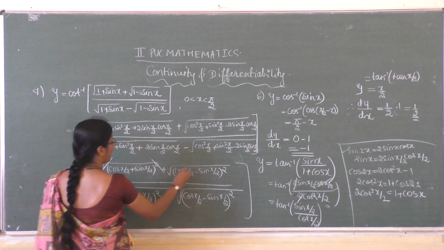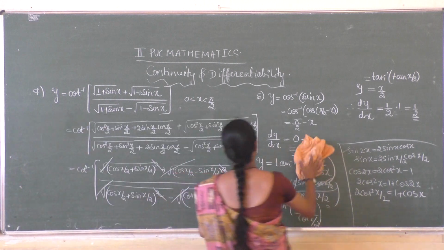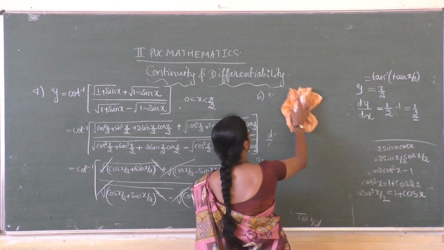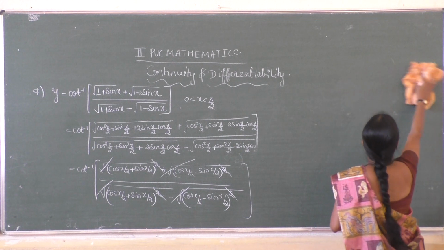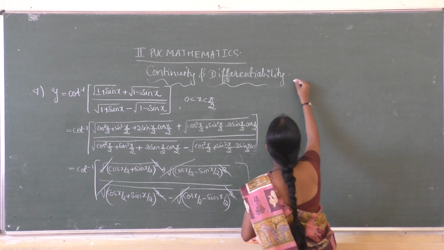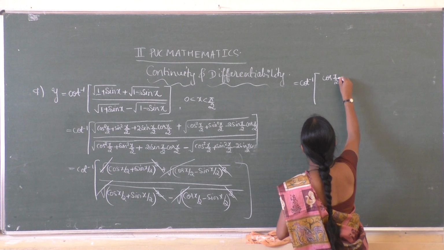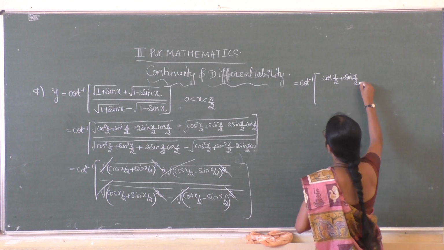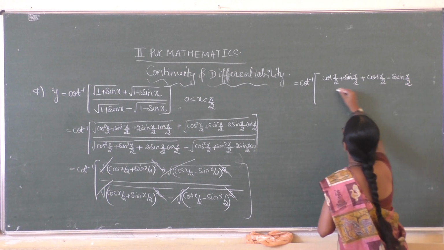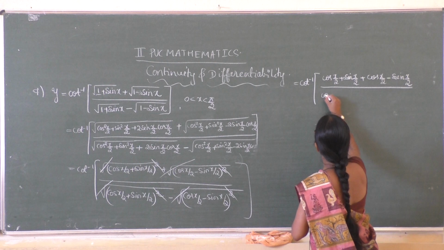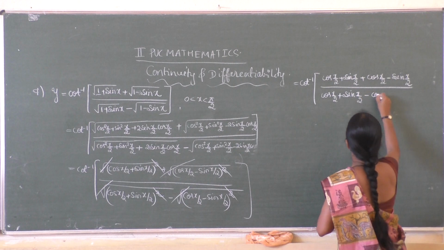Now the square root and the square cancel, so you are getting cot inverse of cos x by 2 plus sine x by 2, plus cos x by 2 minus sine x by 2, divided by cos x by 2 plus sine x by 2 minus cos x by 2.